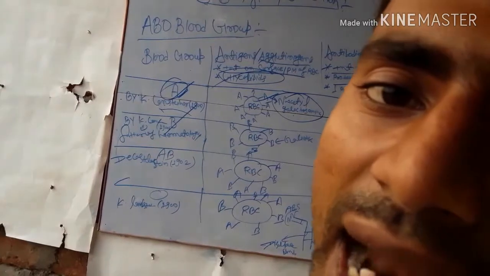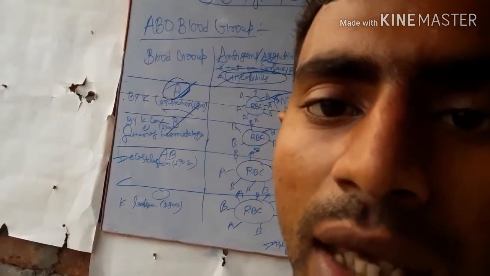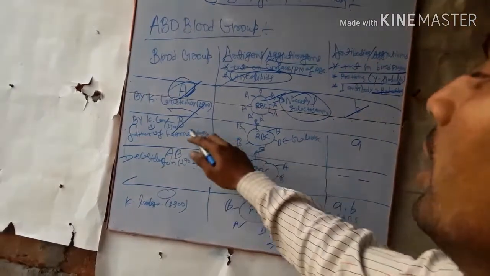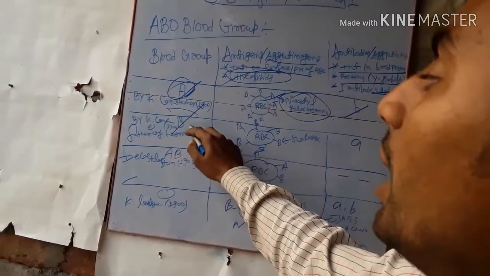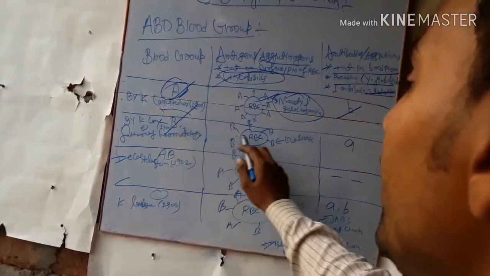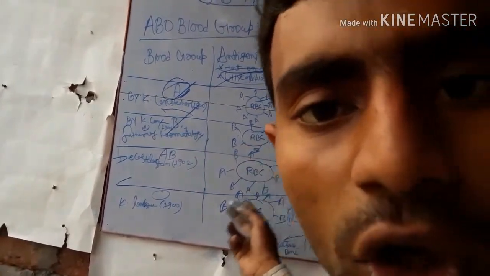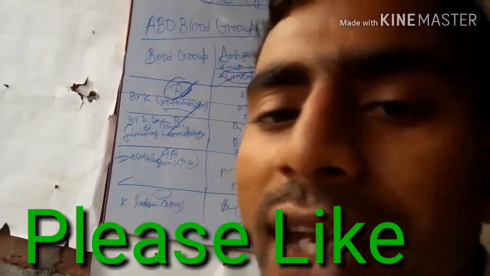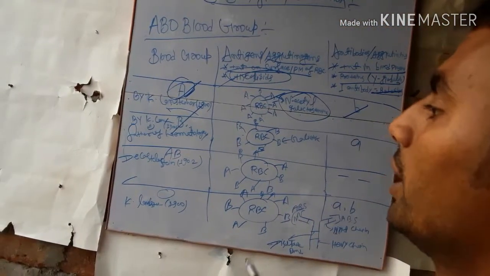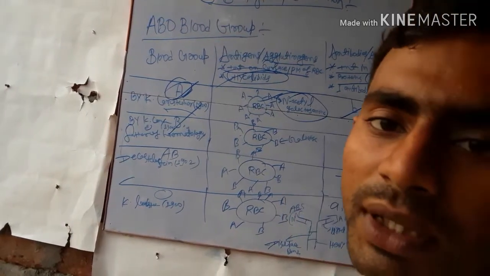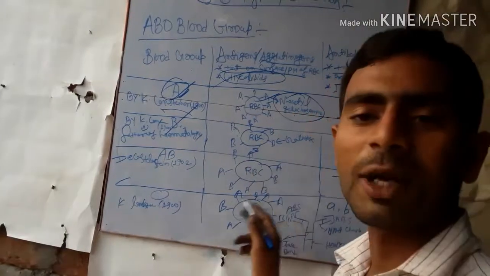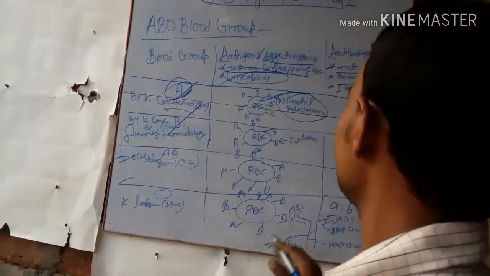Next, blood group B: the antigen is also B, because blood group and antigen are similar, and it is present on the surface of RBC.